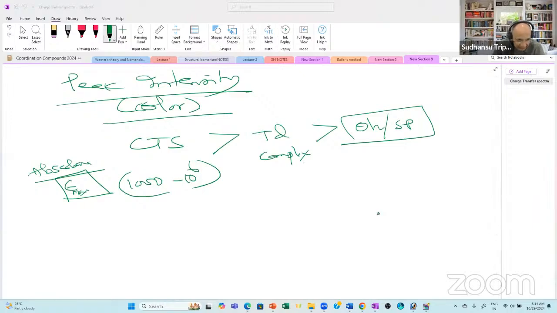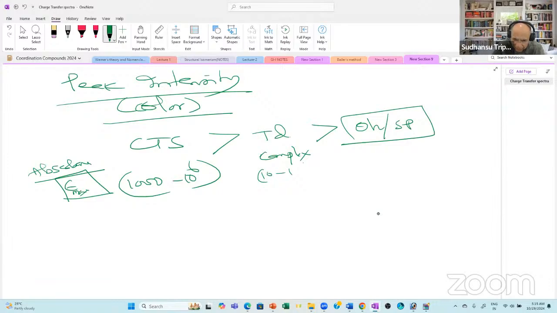CTS, the epsilon max absorbance intensity of absorption, is very high, highest, so the color also, the complementary color, is also deep. Followed by this is maybe epsilon max 10 to 100. What do you remember? I had shown you the slide. What figure you remember? Tetrahedral complex, epsilon max.